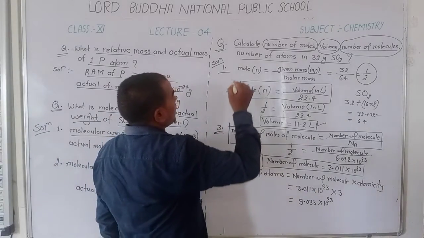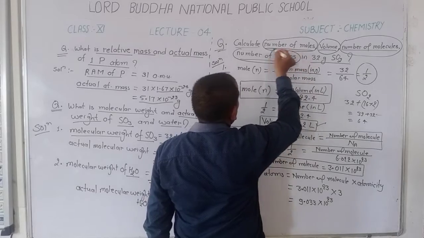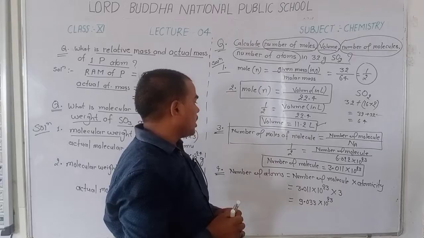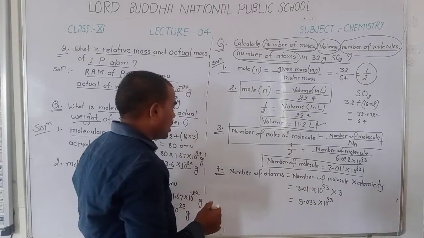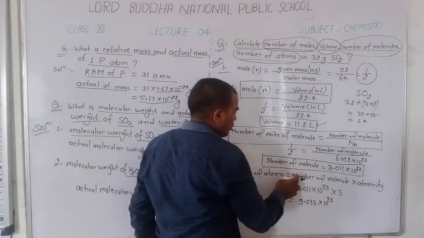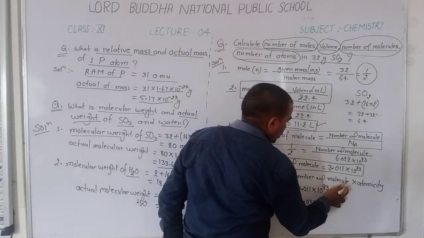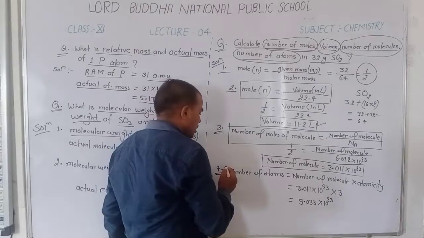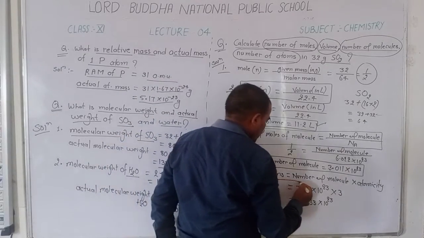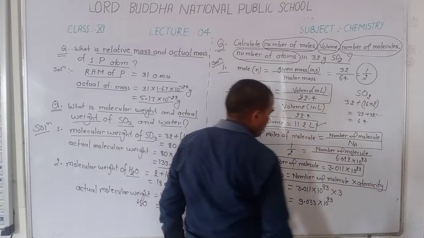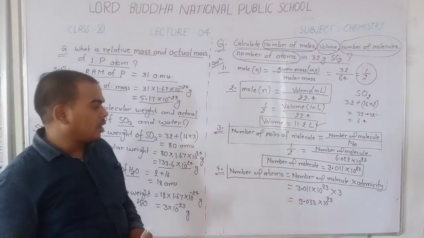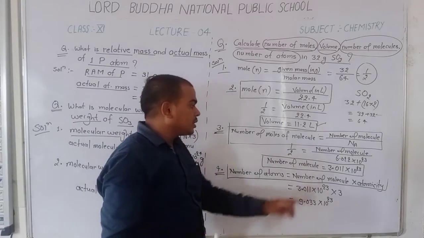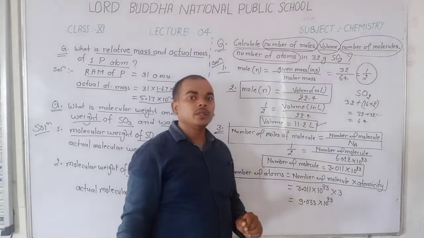Next point, number of atoms. How to calculate the number of atoms? The number of atoms is calculated by the formula: number of atoms equals number of molecules into atomicity. The number of molecules already calculated is 3.011 into 10 power 23.